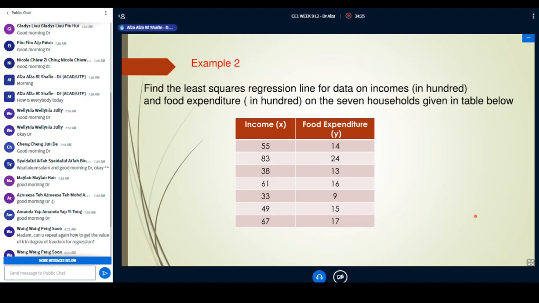Okay, let's look at this example. Find the least square regression line.